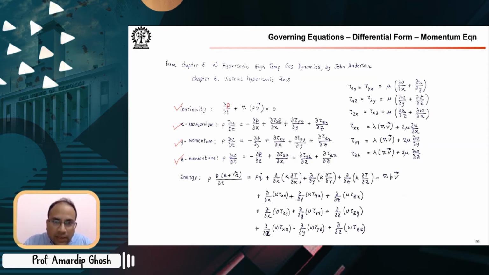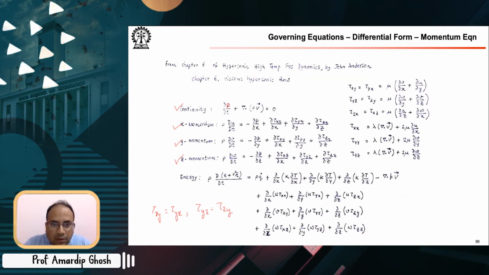Thankfully, we will see that your tau xx, tau yx, tau zx, etc. Although we said there are 9 of these, there is something that happens by which your tau xy can be written as tau yx, and we will show why this happens. Tau yz, tau zy, this thing happens.